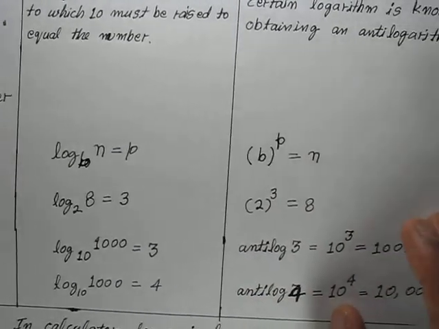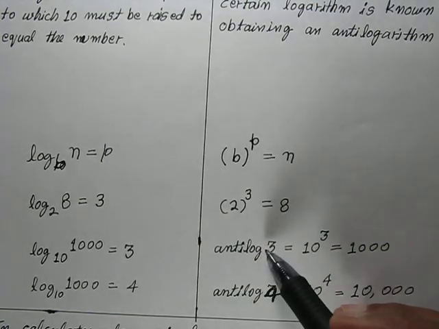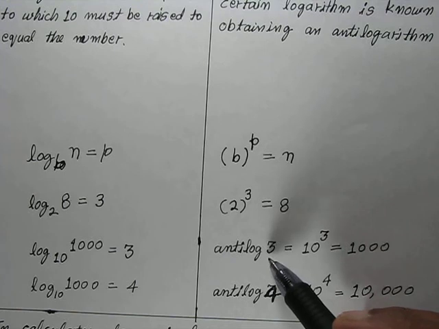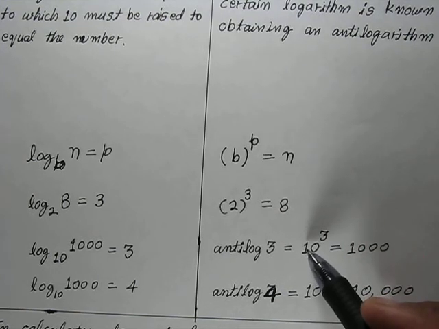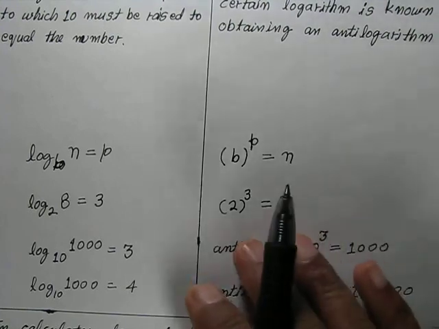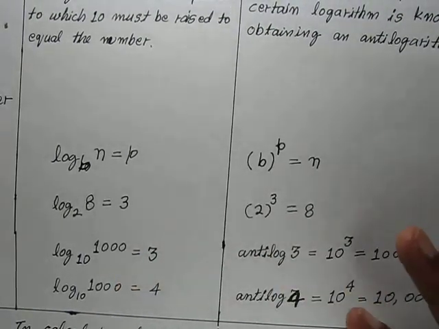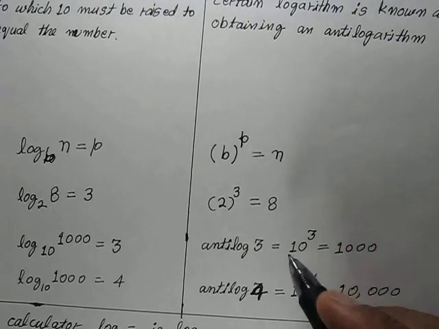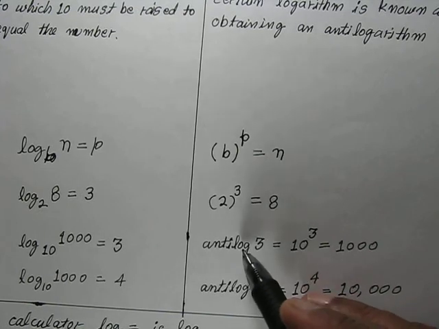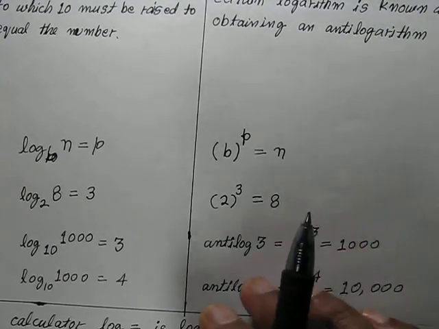Now if we take the anti-log of the power, the anti-log of 3, we have to raise 10 to the power 3. So basically we are converting log into exponential form. Anti-log is like writing the same number in exponential form. So the anti-log of 3 equals 10 raised to the power 3 equals 1000.